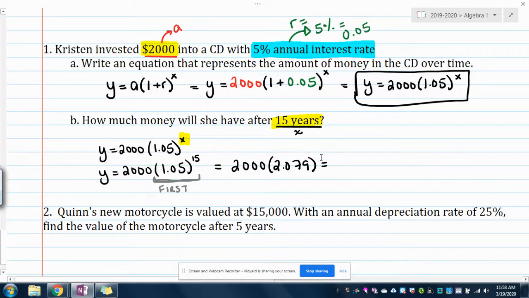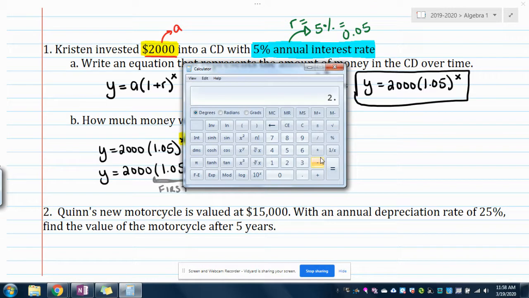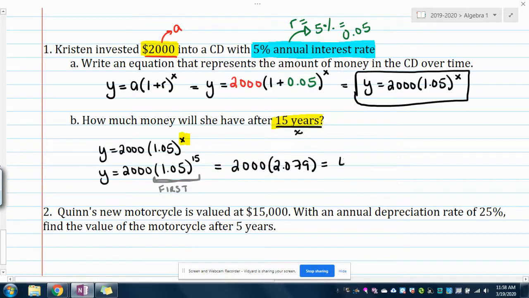Oh, I shouldn't have closed this out. So 2.079 times 2000 is 4158. So my final answer is she will have, and you have to write it as money. So even if it's a decimal, you have to round to the nearest cent.